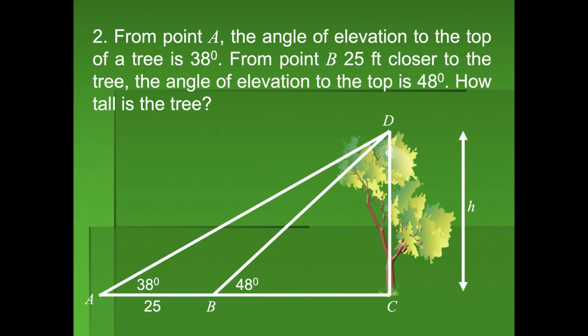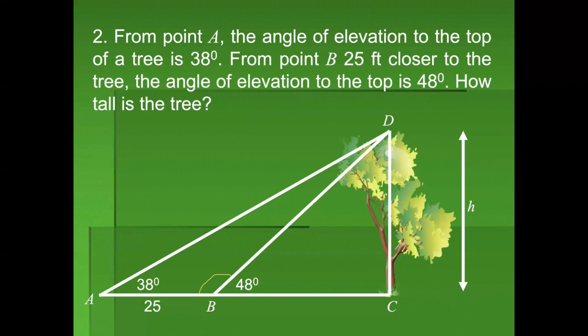So to solve this kind of problem, let us solve first the obtuse triangle, which is triangle ABD. To solve that, we need to find the missing values for ABD. Let us find first angle B here. Remember that every straight line is equivalent to 180 degrees.